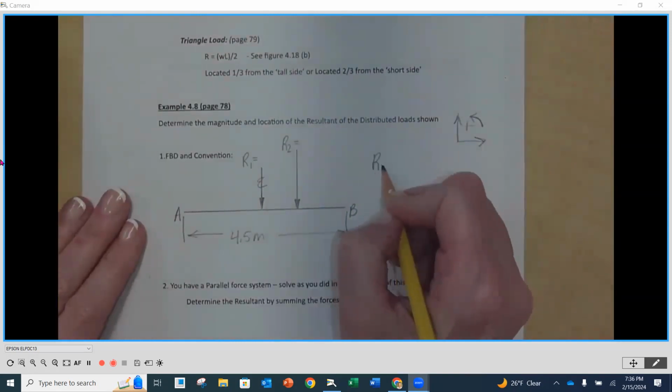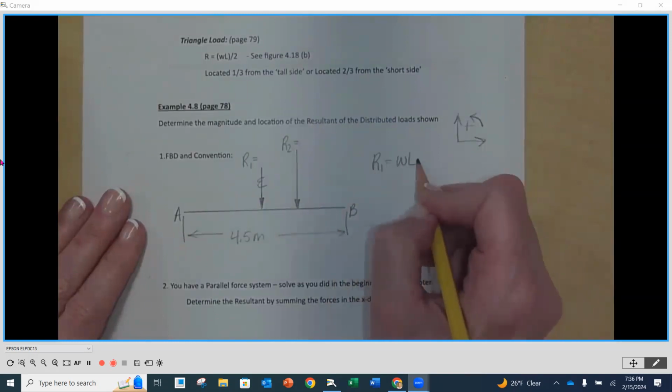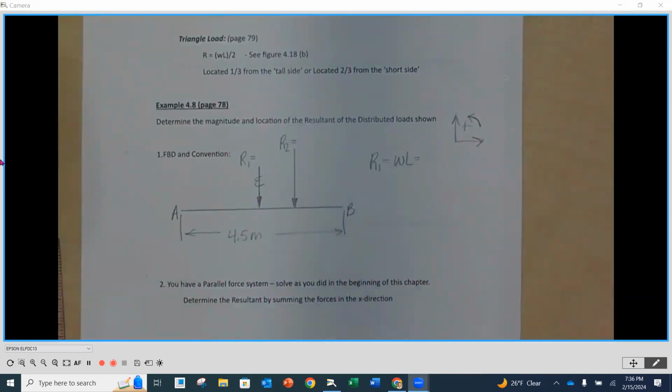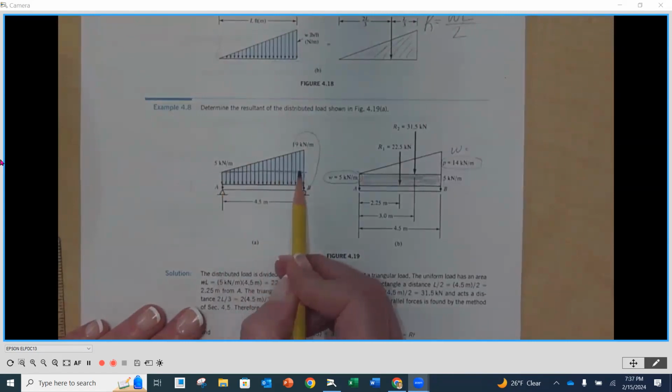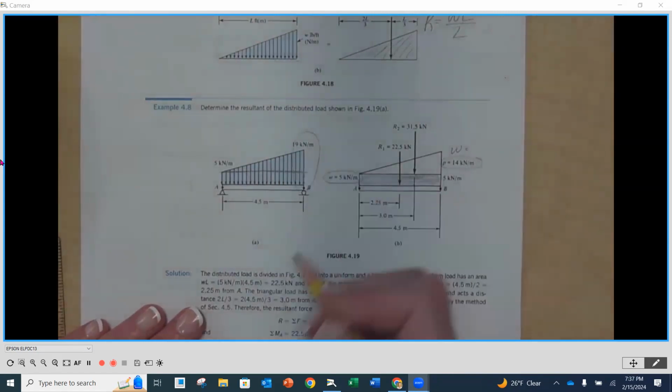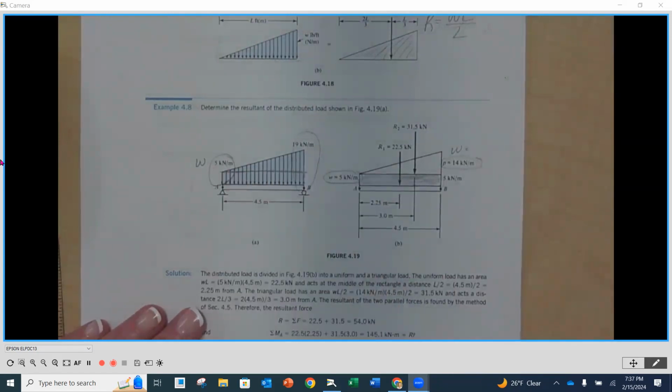R1 is going to be equal to W times L. So going back to our problem, we need to determine what W and L are. Okay, I just see there's a couple people writing. I'll wait before I put this down. And now our rectangular load is right here. So our W is going to be equal to the 5 kilonewtons per meter.